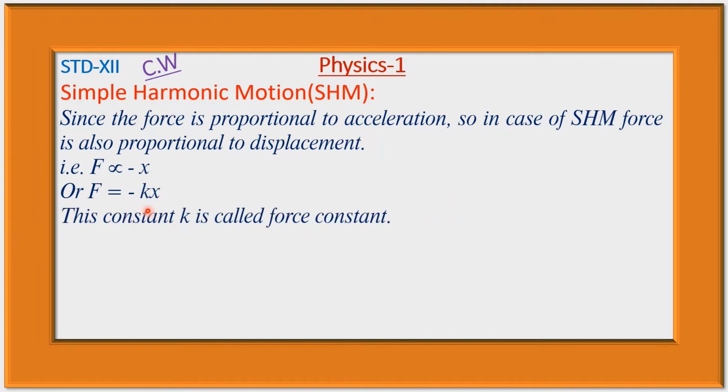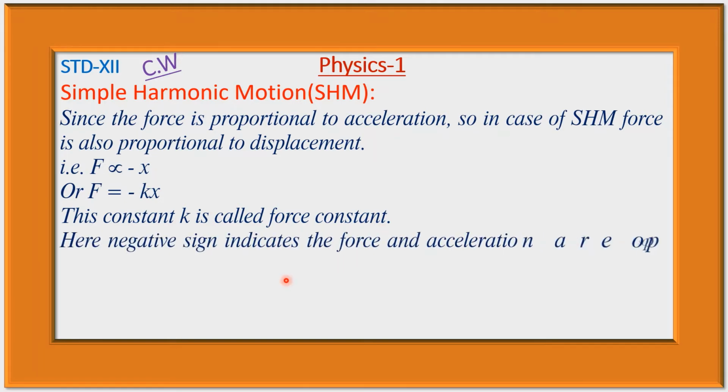Here k is a constant, and this constant k is called the force constant. The negative sign indicates the force and acceleration are opposite to the displacement.